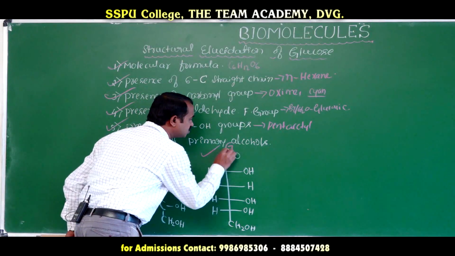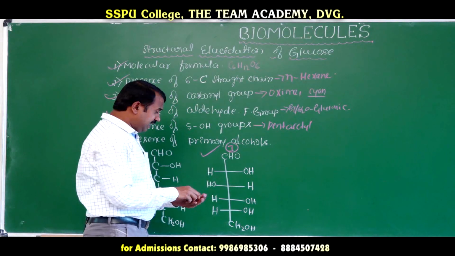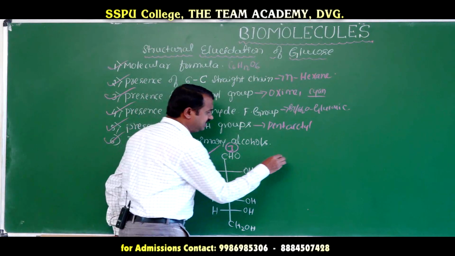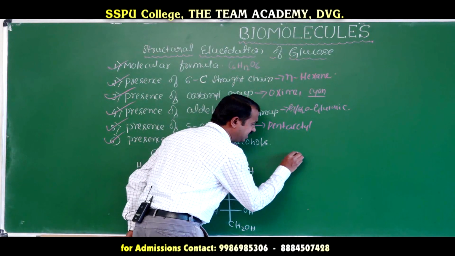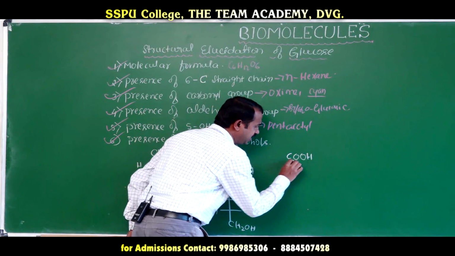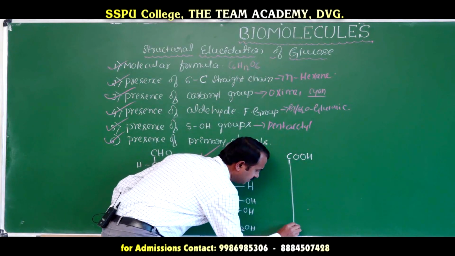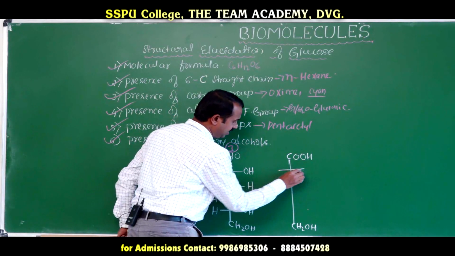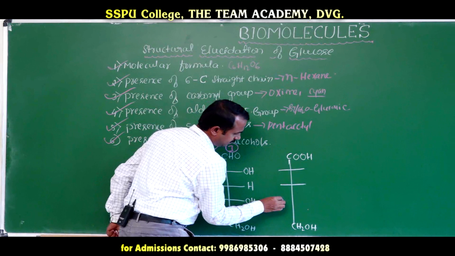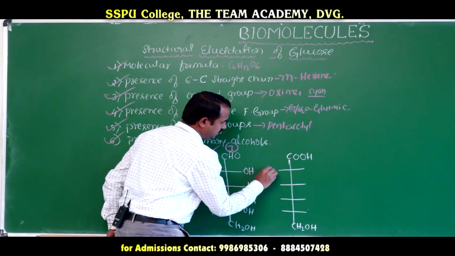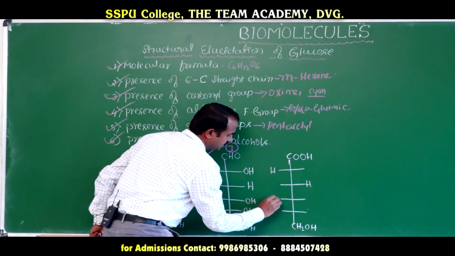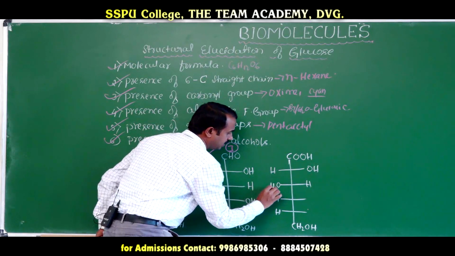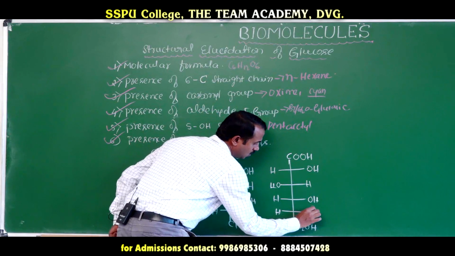This one is the first. Next, when glucose is converted to gluconic acid, the formula has COOH at the top, and the last carbon is the same, CH2OH. In the bond representation, H, H, H, H and OH, OH, OH, OH.